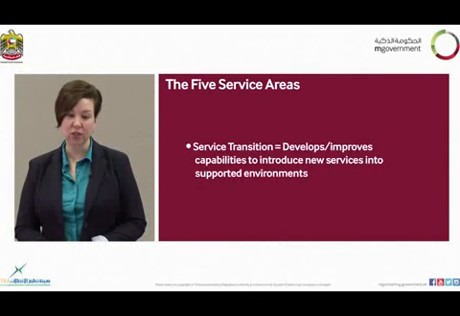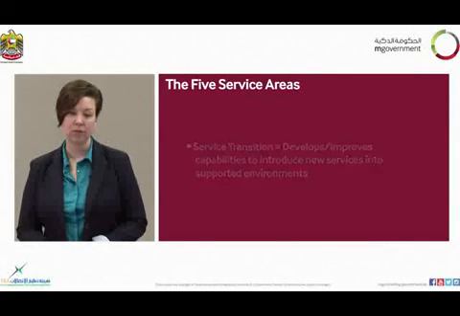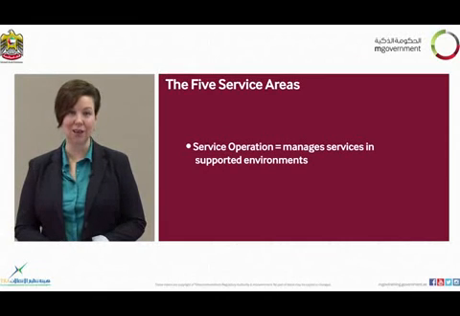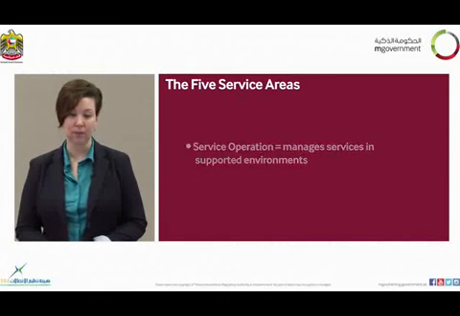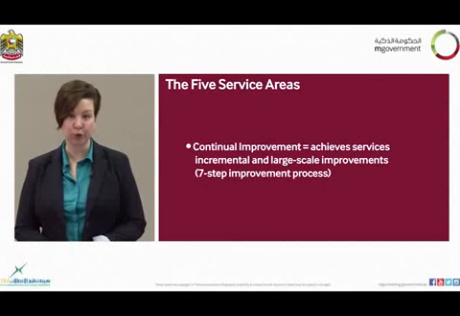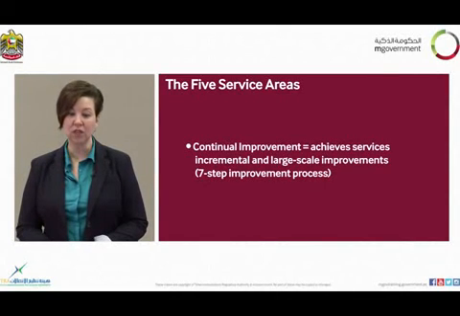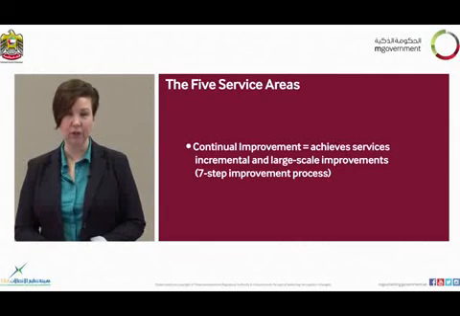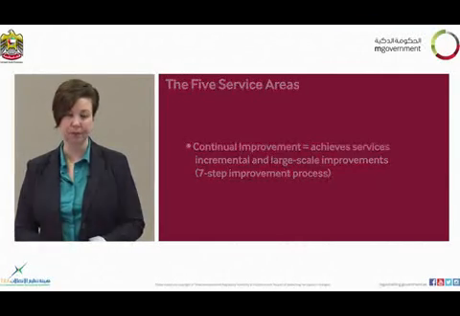During service transition, we develop improved capabilities to introduce new services into the supported environments. During service operation, we manage those services in a supported environment. During the continual improvement phase, this achieves incremental and large-scale improvements to services. There is a 7-step improvement process of continual improvement.